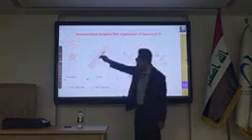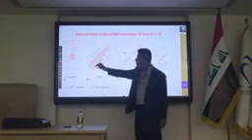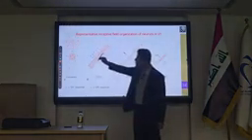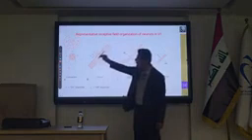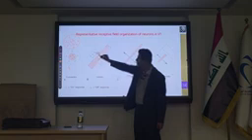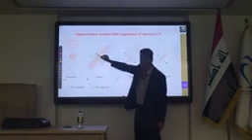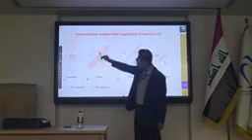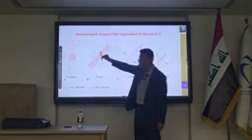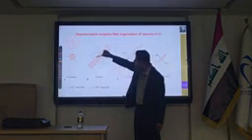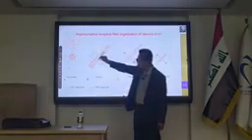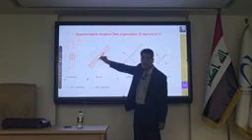So the orientation is this way. So the cell is only activated if the bar of light happens in the center and with this orientation. If the orientation is like this, the cell is not activated. If the orientation is this, not activated. This, not activated. So only is activated when the bar is like this.